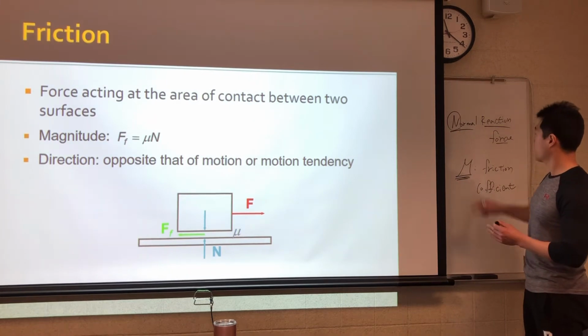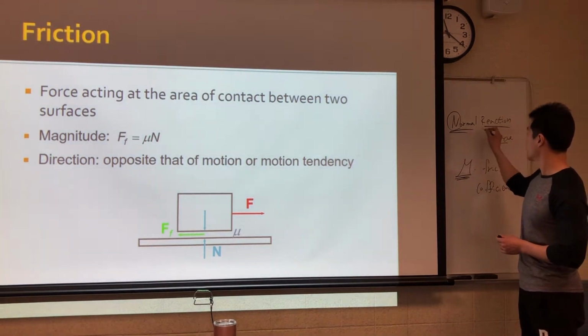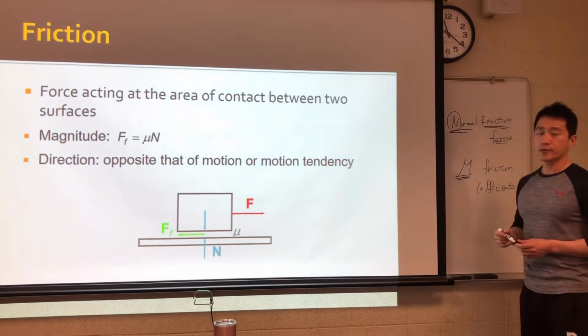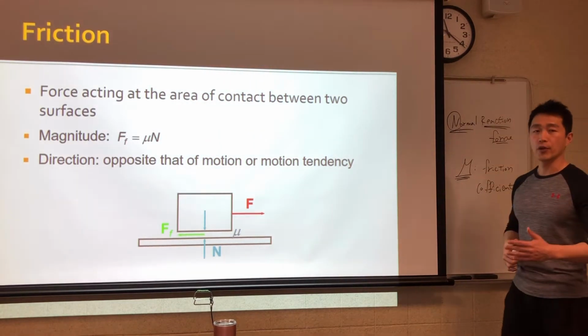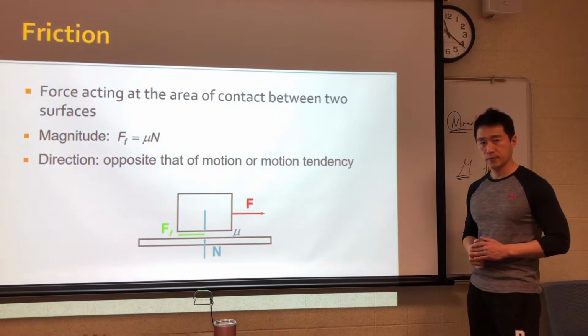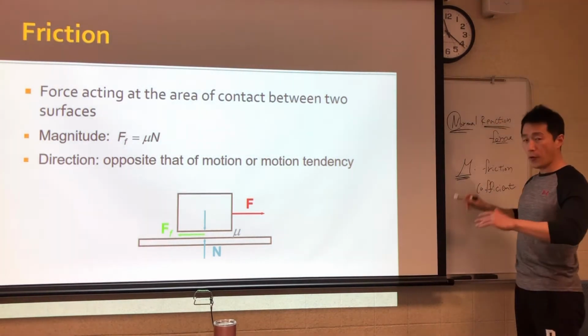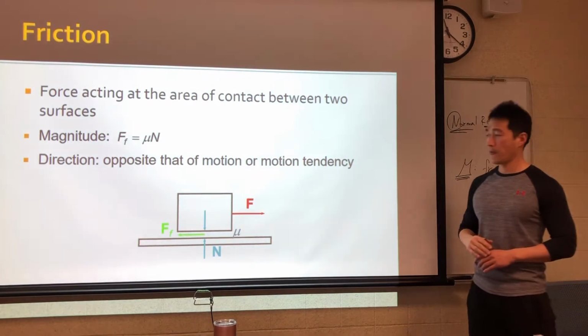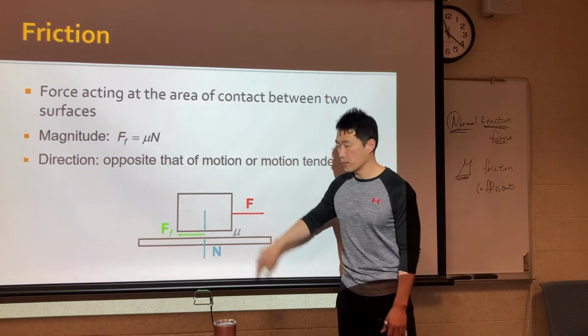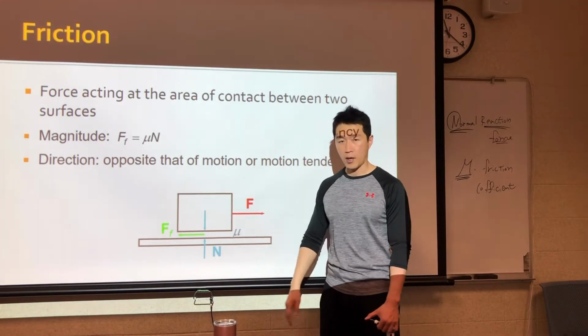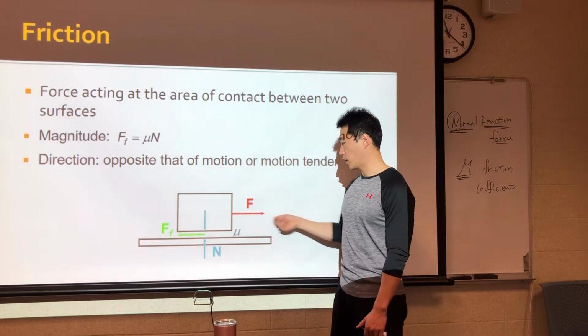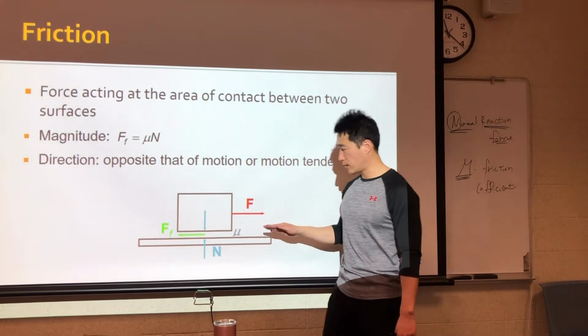And then normal reaction force means the force acting perpendicular to the surface. So again, normal reaction force means a force acting perpendicular to the surface. For example, in this example, a box here. I'm pulling this box this way. Then the friction will be acting the opposite way.